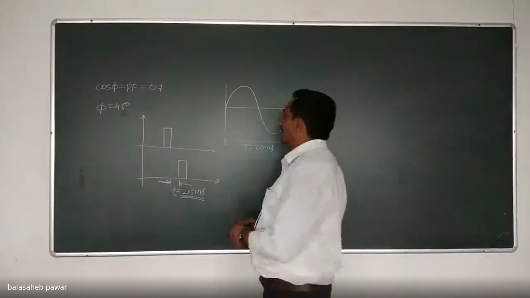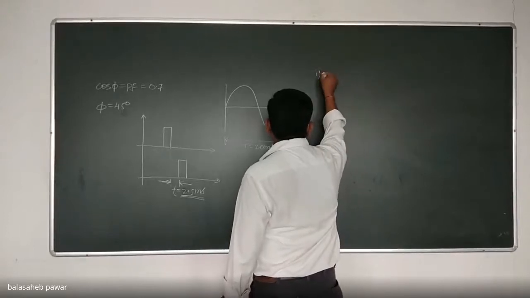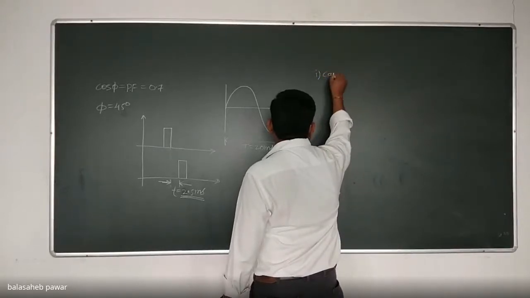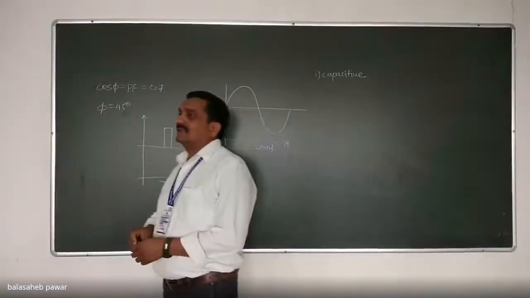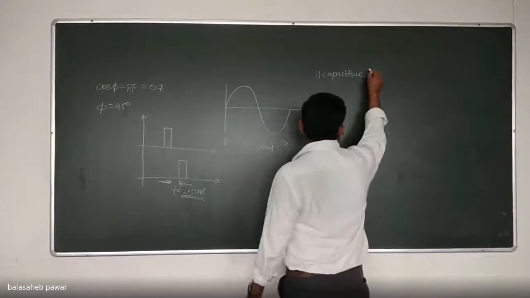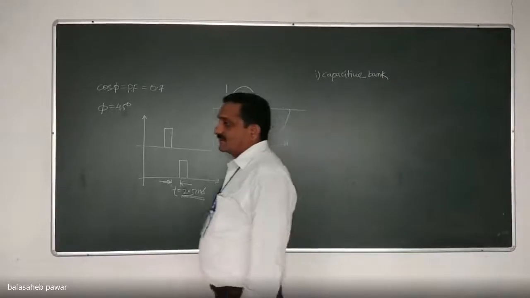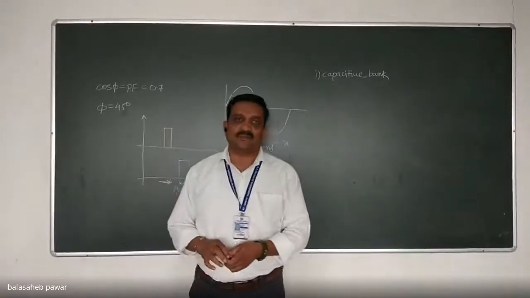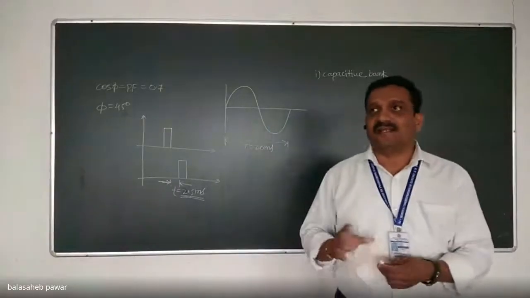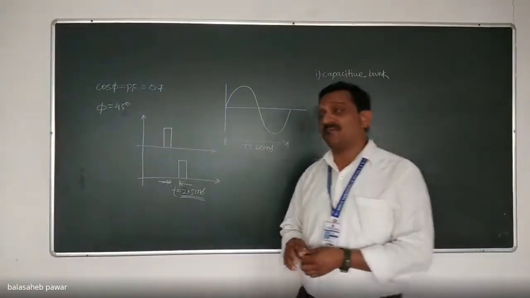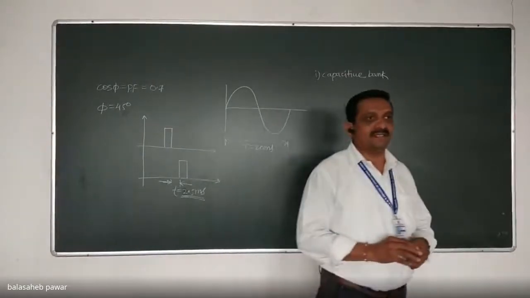You might have studied that the first way to improve the power factor is by using a capacitor bank. At the start of this topic, I already explained that if the load is of capacitive type, then the voltage waveform gets lagged. If the load is of inductive type, then the current waveform gets lagged. And if the load is purely resistive, then voltage and current waveforms remain in phase.